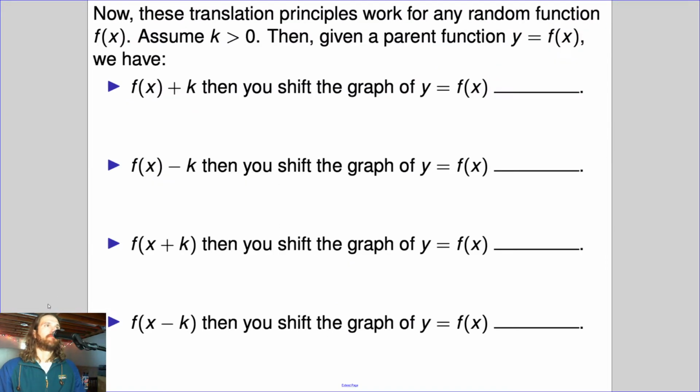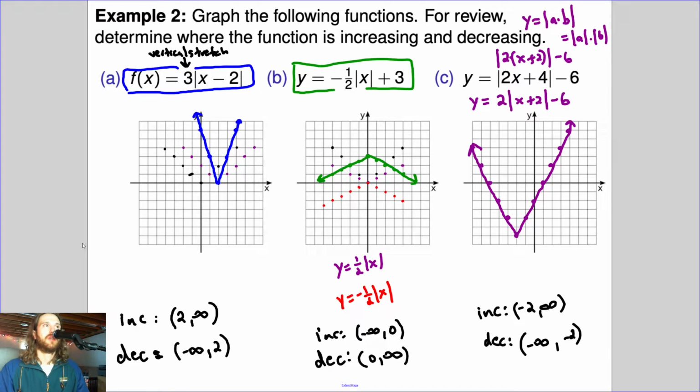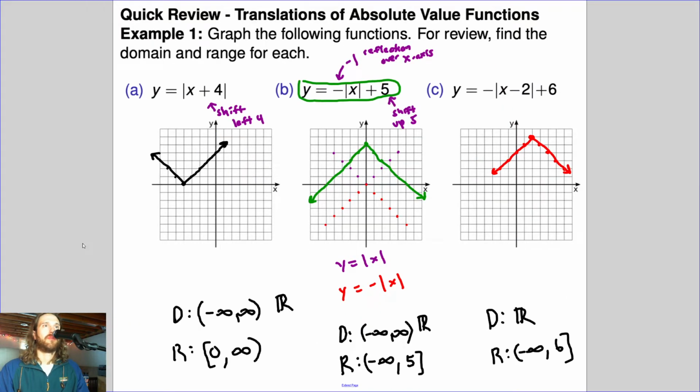Let's keep going. All right, so we have a couple rules here that we can kind of refresh on, feel a little bit better about. We've already done all this stuff. If you look at these previous videos, remember, we can kind of recap. Any addition or subtraction that was on the outside of the absolute value bars shifted our graph up.